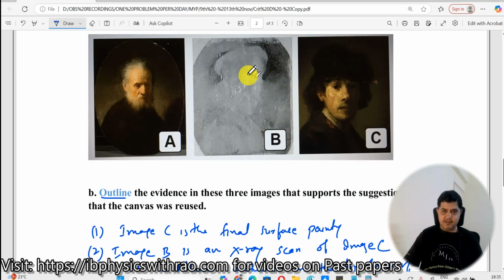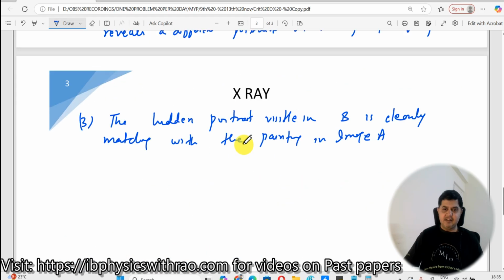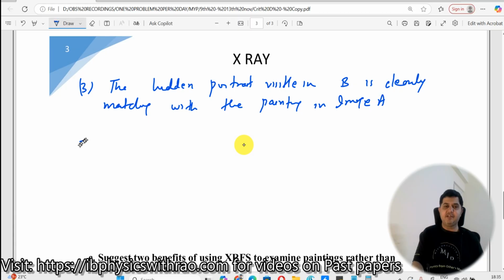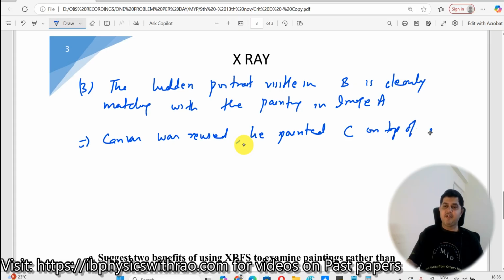As you see, something like a person sitting with the cat and so on appears to be very similar to it, and that is what you can say. This proves that the canvas was reused and painted over as C of A. That's what it is.